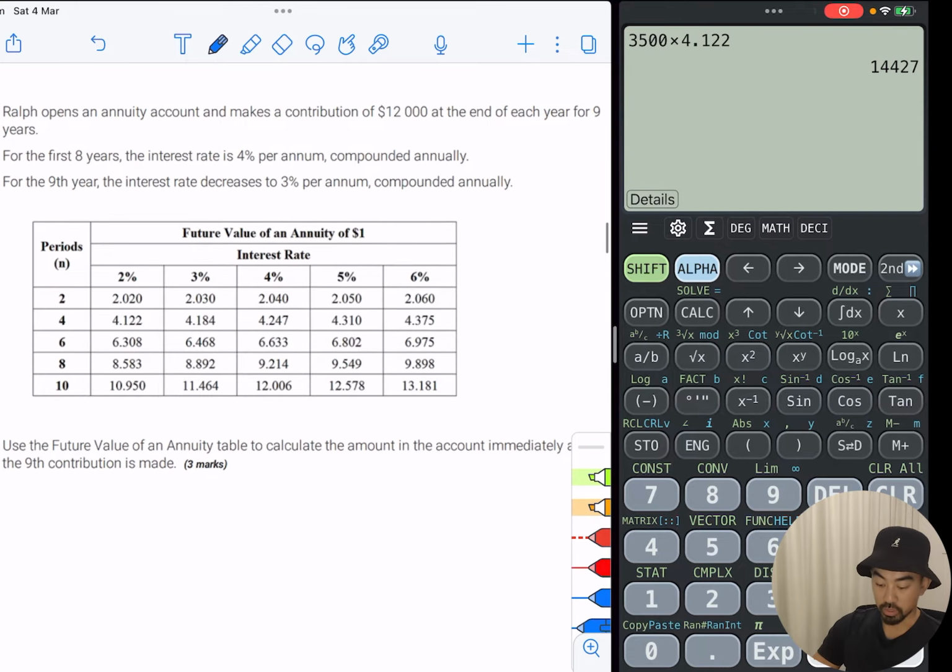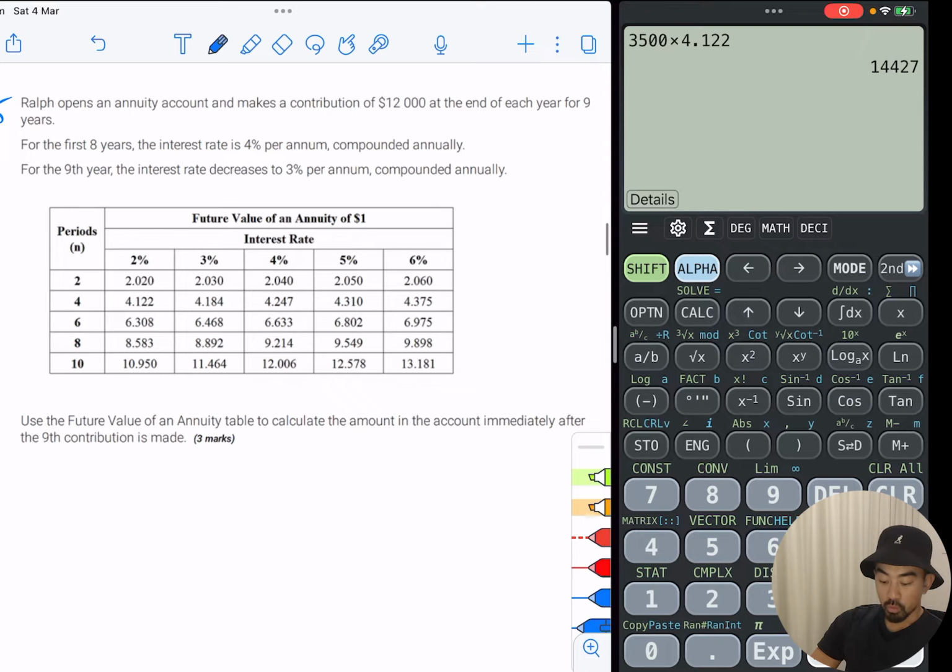All right, next question, 5. Ralph opens an annuity account and makes contributions of $12,000 at the end of each year for 9 years. Okay. For the first 8 years, the interest rate is 4% per annum, compounded annually. And for the 9th year, the interest rate decreases to 3% compounded annually. Okay, so there's 2 different parts. Use the future value of an annuity table to calculate the amount in the account immediately after the 9th contribution.